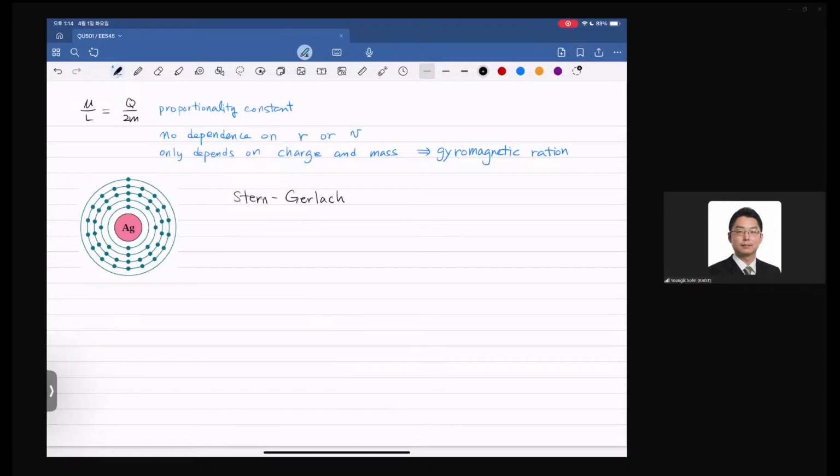So silver is known to have 47 electrons. And you probably have learned this, how to fill the electrons into the orbitals back in high school. 1s2, 2s2, 2p6, 3s2, 3p6, 4s2, 3d10, 4p6, 5s1, 4d10.